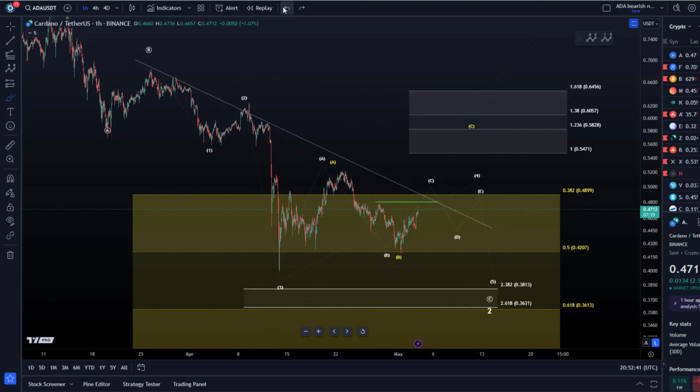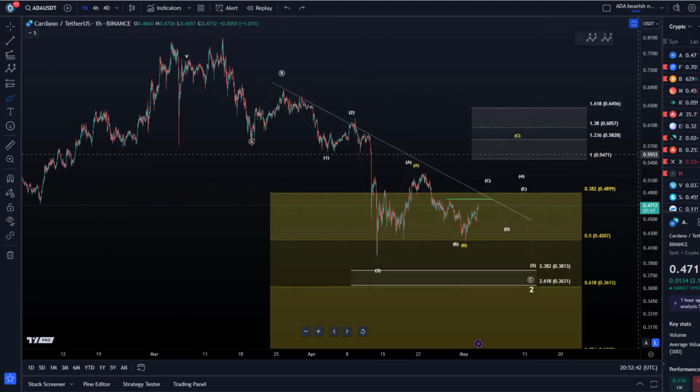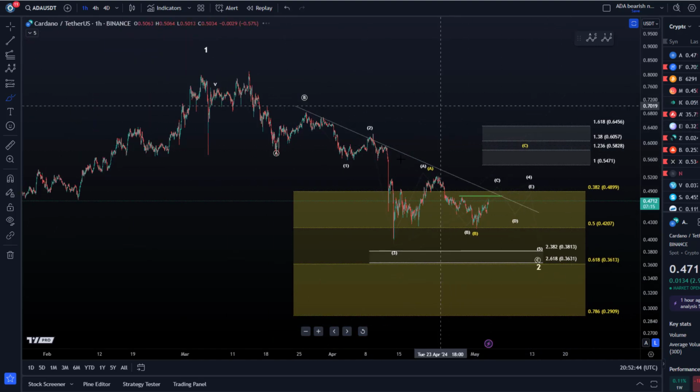But this is a bit too far out because we're moving in corrective structures. It's not entirely clear how the structure will develop. So I'm telling you that, okay, this is 3 waves up, 3 waves down. It makes sense to consider a triangle in a wave 4 or a larger flat structure. But if it's a larger flat, then it can't really be a wave 4 anymore. It would be a little bit too large for a 4th wave.